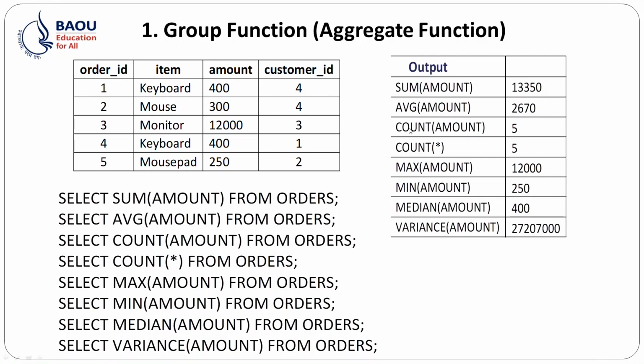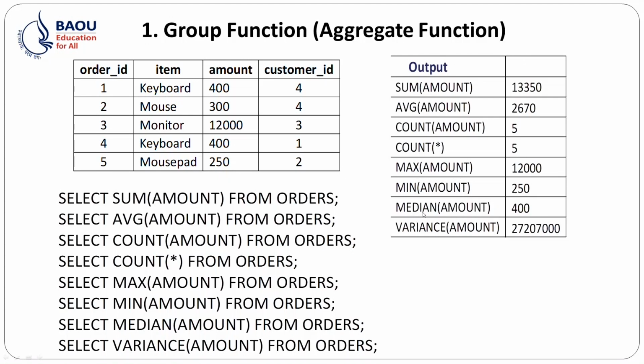This count is used to count the number of values without null, and this count star is used to count the number of values with duplicates as well as nulls. The maximum function is used to find the maximum value. In the amount column, the maximum value is 12,000. Then the minimum amount value: the minimum value here is 250, so it returns 250.